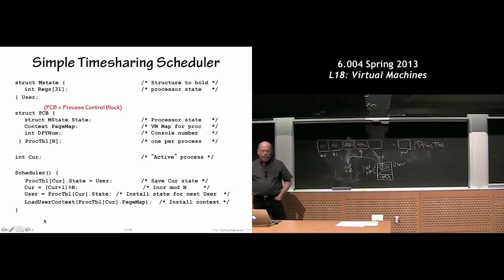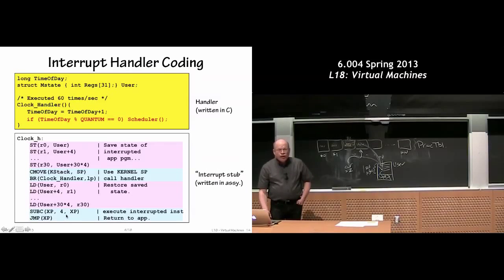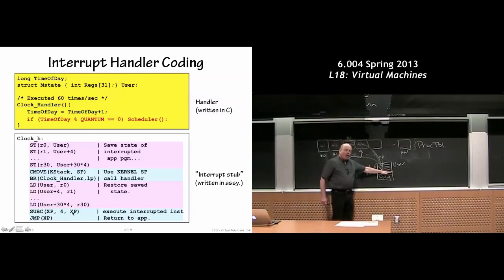Yes? It also has to return, because if you just return to the same spot in the program that it left from, it would go back trying to do the old thing with the new thing's registers, right? So one of the things that we've done, if we look here, where do I return to? I return to wherever the XP register is. So the XP register, R30, is where we saved the program counter.